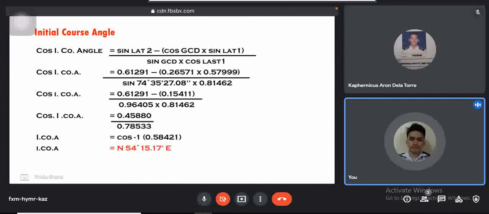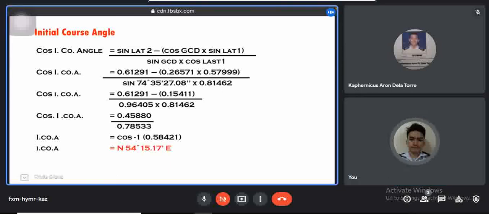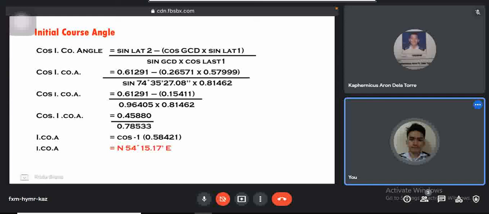The denominator is sine GCD, where our GCD is 74 degrees 35 minutes 27.08 seconds, times the cosine of latitude 1, which is 0.81462. The product of sine GCD multiplied by cosine latitude 1 is 0.78533, and the numerator is 0.45880, so the result is 0.58421.